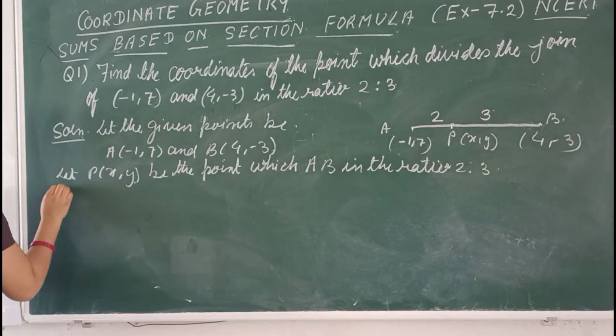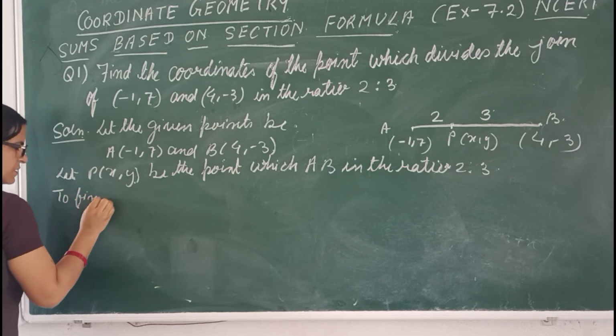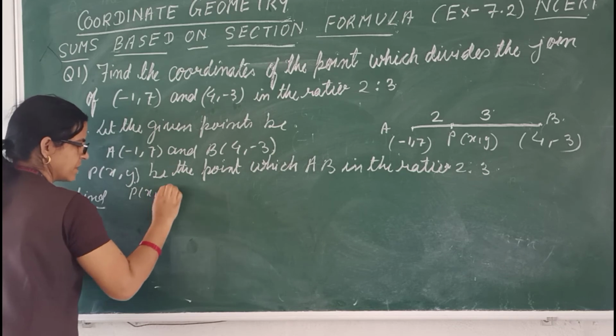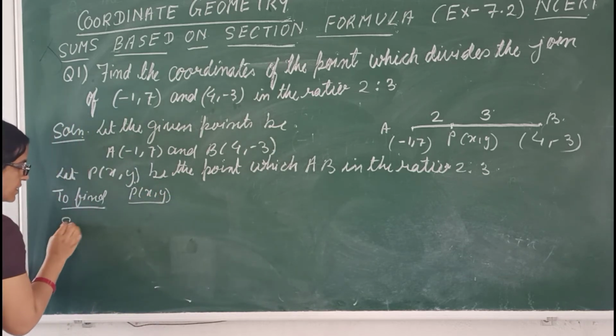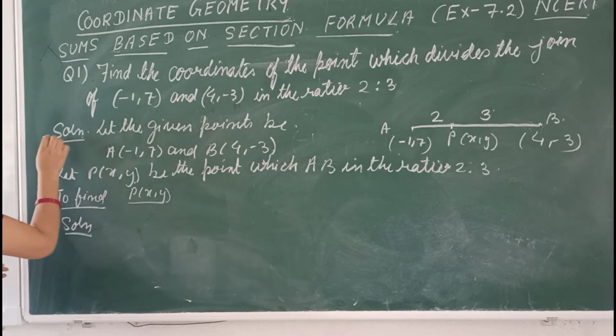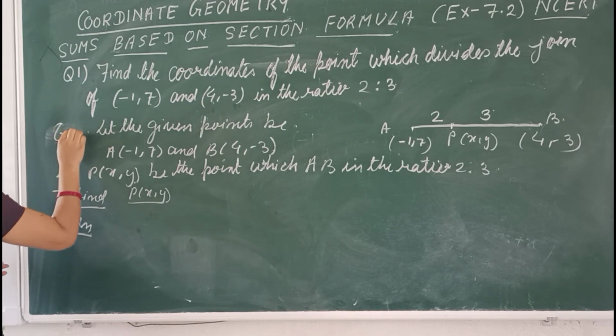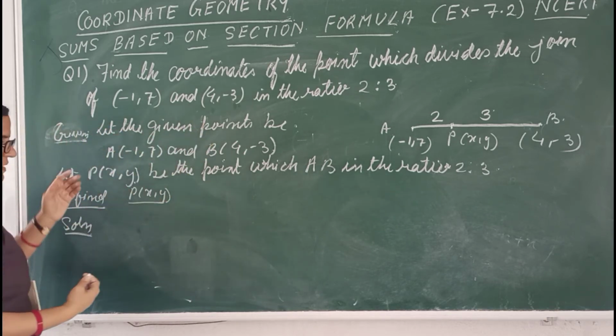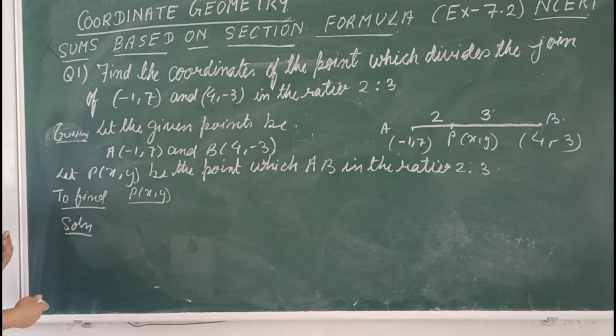Now what we have to find? To find P(x, y). So in the solution part, in place of solution I can write given, or we can start without a heading also: let the given points be, to find, and then we can write the solution.